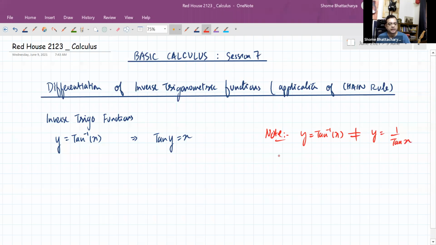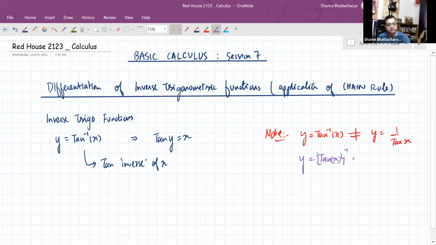It is not to the power minus 1, though it looks suspiciously like that. It is inverse. This is read as tan inverse of x.